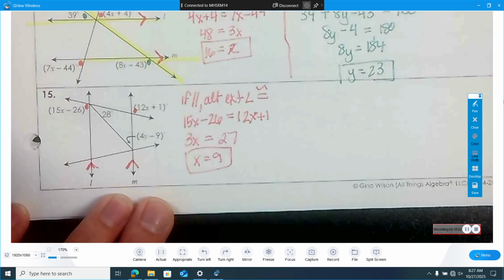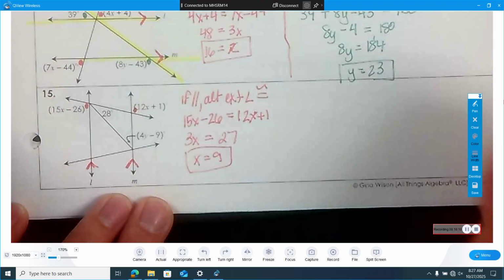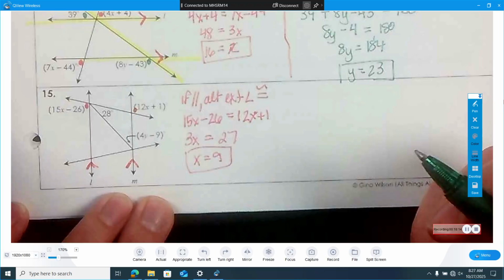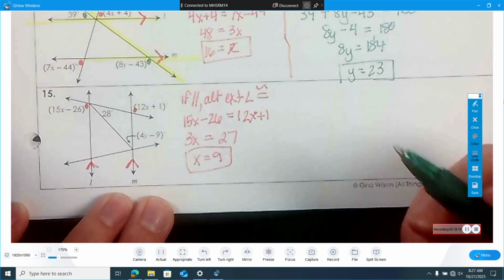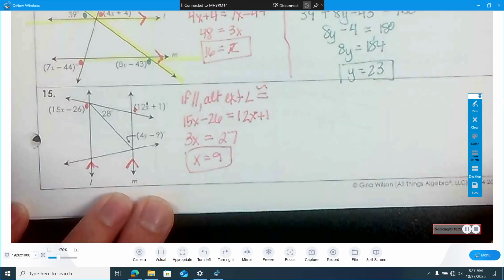Interesting. I don't know if we've really talked about this or not. So here's what she did. We have x equals 9. Can I plug that in? Yeah. Okay. I'm going to plug it in right here to this x.